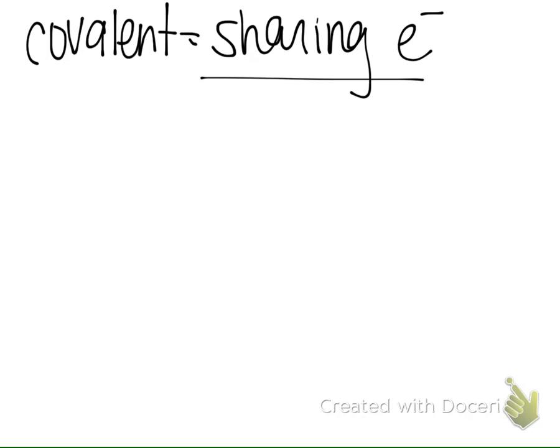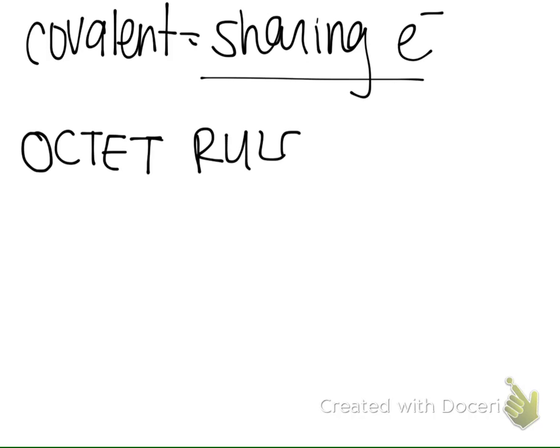So we're going to look at sharing electrons and what elements' goals are when they share electrons. Their goal when they bond with other atoms is to complete what we call the octet. What do you think the octet means? Yeah, exactly. They want to have 8 valence electrons. They want to follow what we call the octet rule.